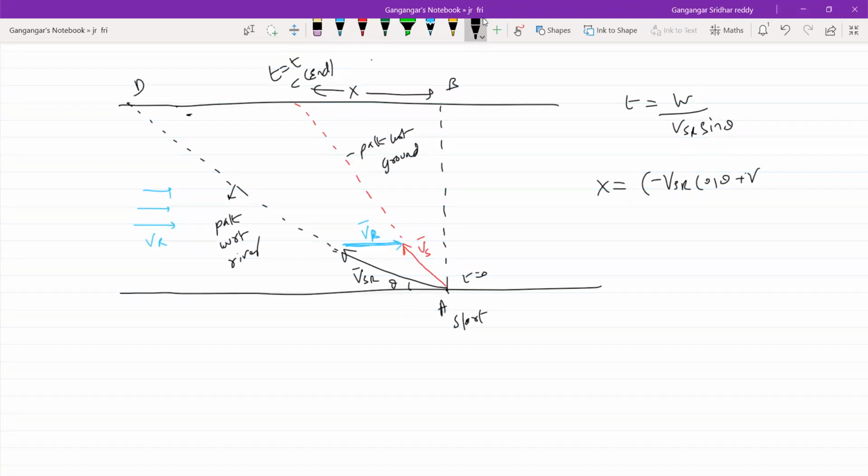Directly I'm writing. You must think on this. What do you mean by negative sign? Towards left. The drift will be towards left here. The swimmer says I'm aiming at point B, but he will end up at point C.